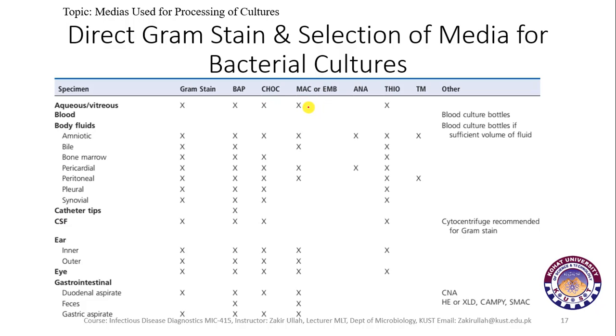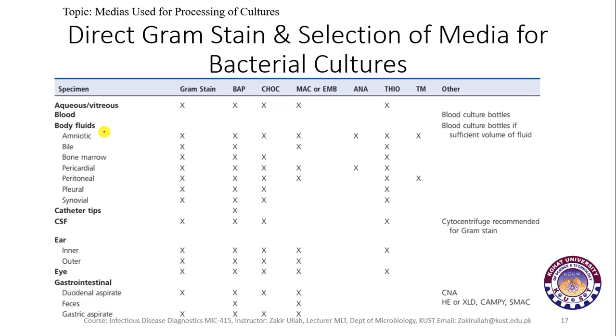And in case of differential and selective medium, MacConkey or EMB agar can also be used. They are usually not cultured anaerobically, and thioglycolate broth for their support is also added to them. They may be cultured in blood culture bottles.